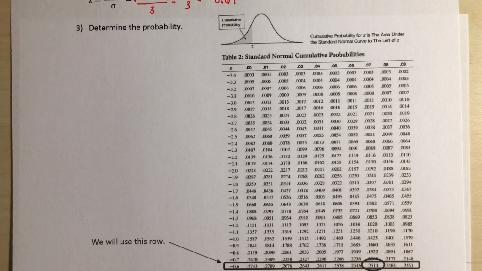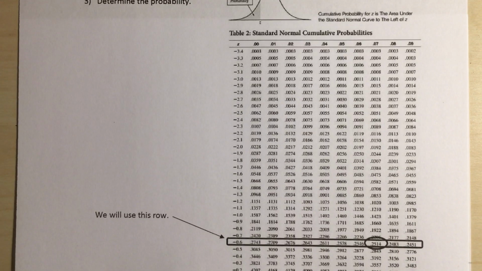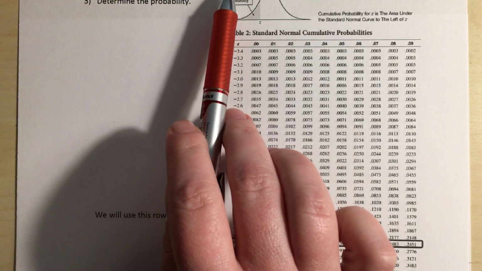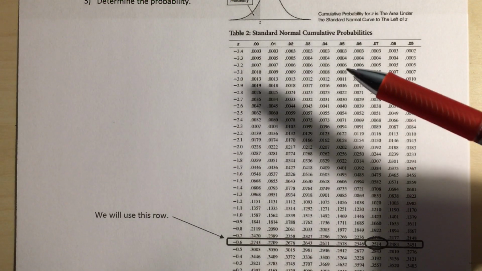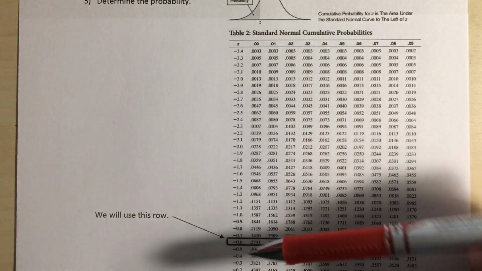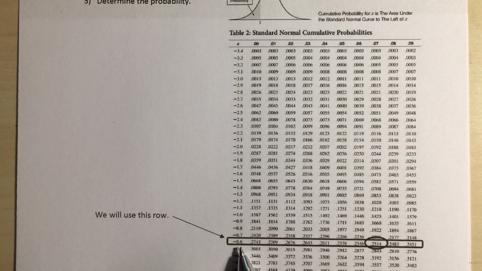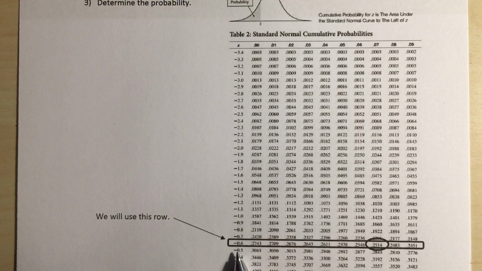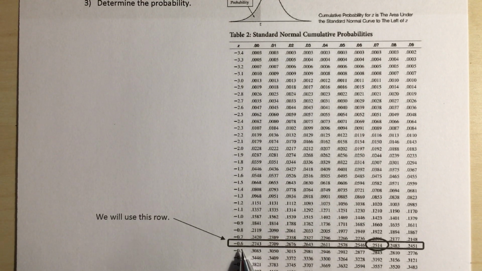Now, determine the probability. Here we see a portion of our table. This is kind of tiny, but this at least shows you in your notes where we're looking. We're looking for a z-score of negative 0.67. So we're on the negative side of our table, and we're going to go all the way down to negative 0.6, because that's the first number in our z-score, the 0 out front and 0.6, that's our first decimal value.